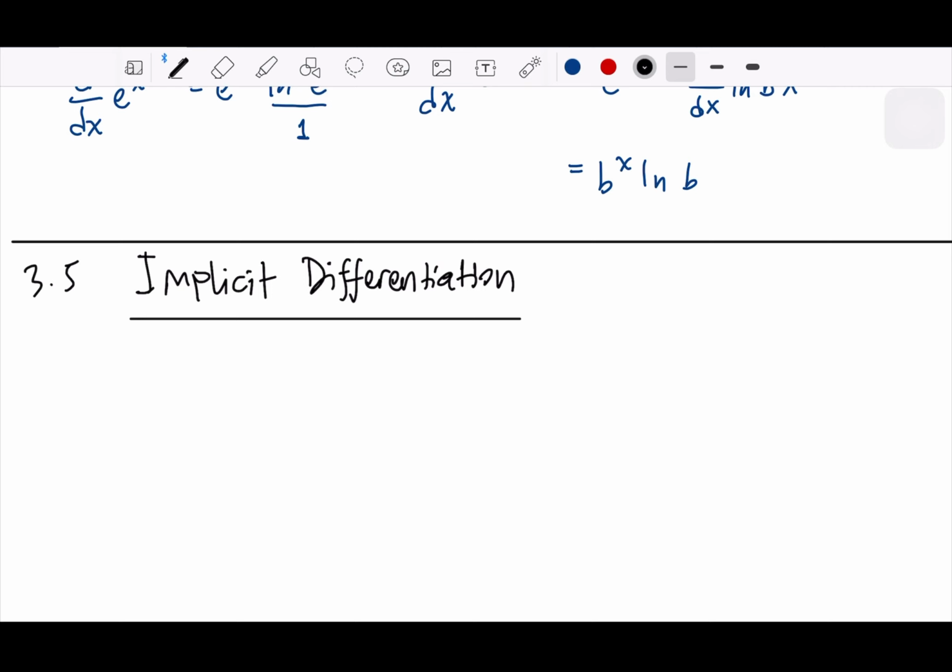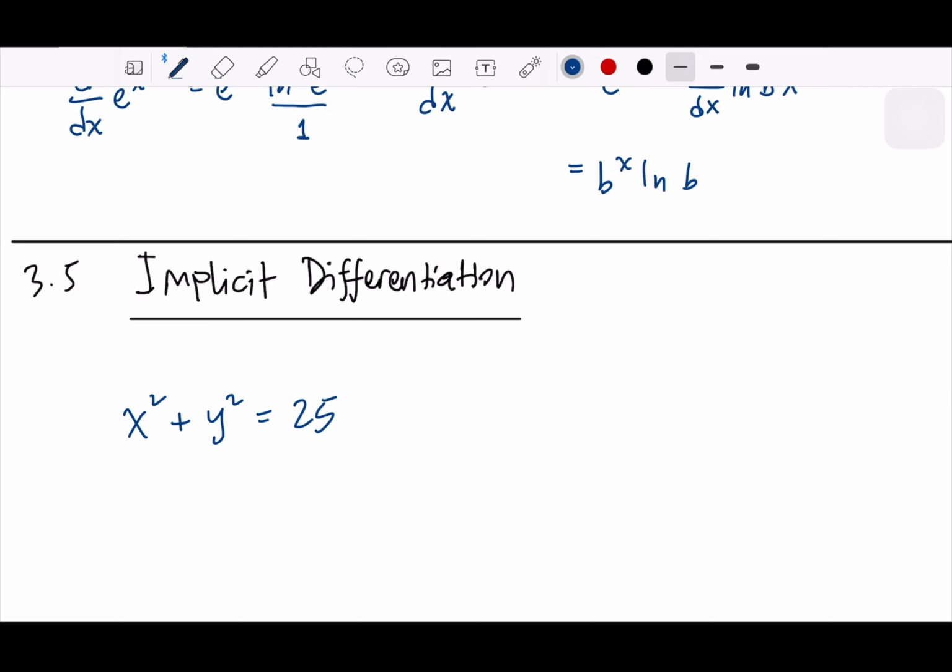Okay, let's think of a circle that is x squared plus y squared equals 25.